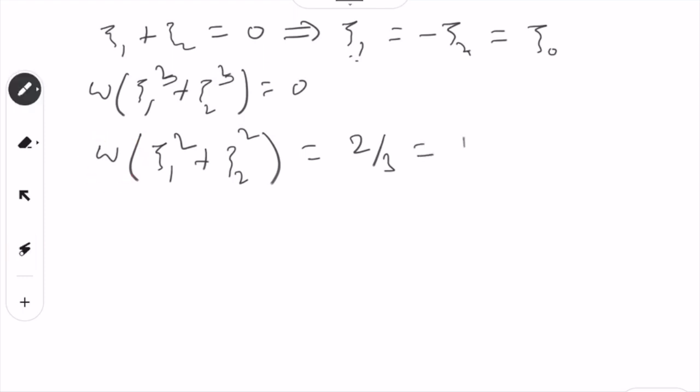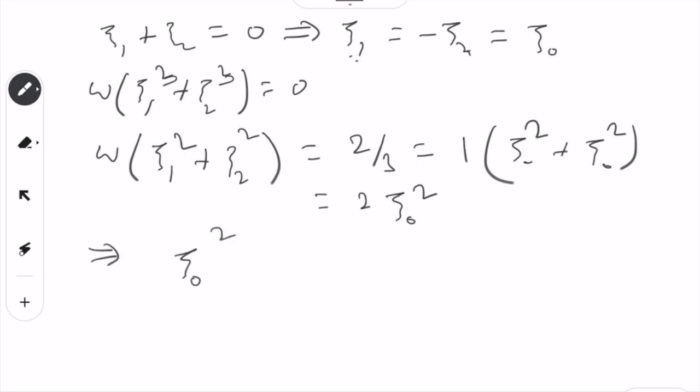So we write 1 multiplied by, with ξ1 equal to minus ξ2 equal to this, what you get is ξ naught squared plus ξ naught squared. So 2 ξ naught squared, and hence this tells you ξ naught squared is equal to 1/3, and hence ξ naught equal to 1 over root 3.